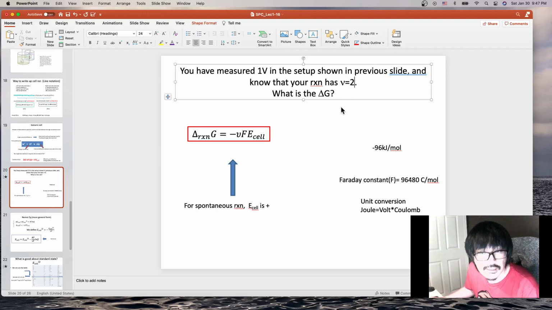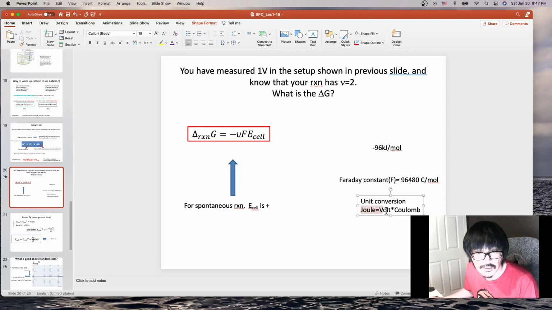Then what is the delta G here? So 2 goes in here, 96480 goes in here, and then the voltage is 1, right? So you just multiply everything, then you get the joule. The unit conversion: the voltage times the coulomb is going to give you joule.